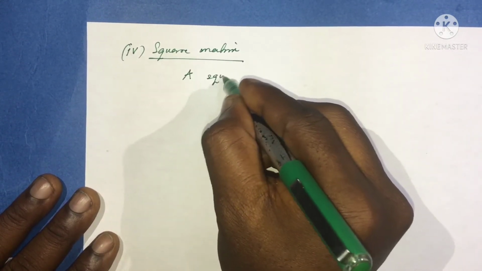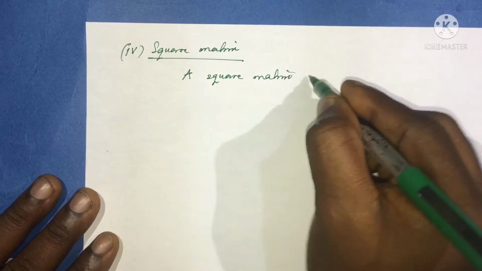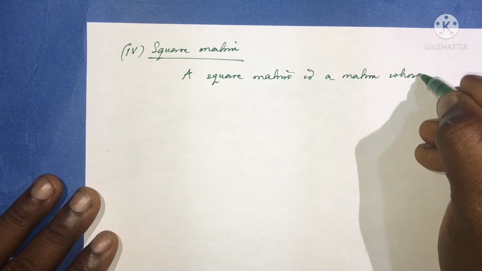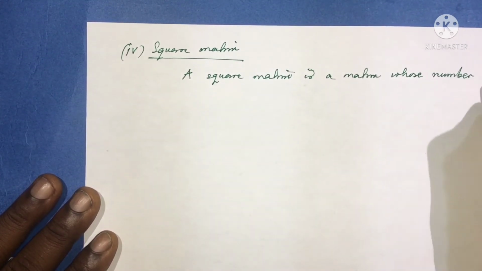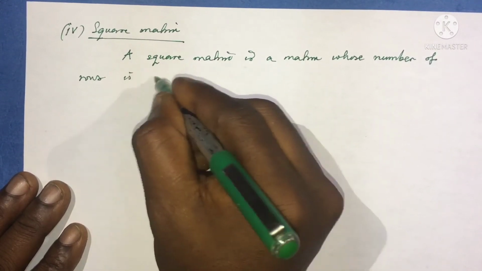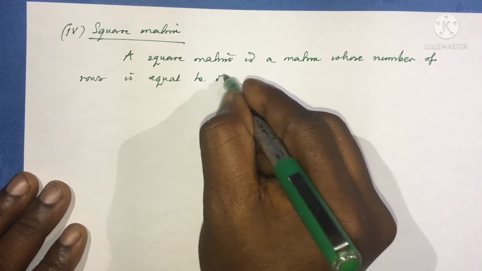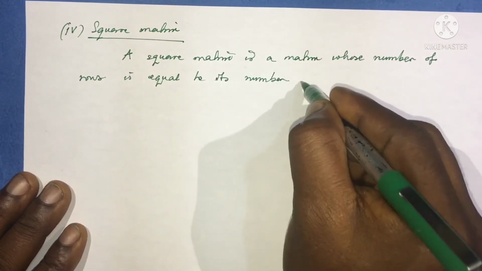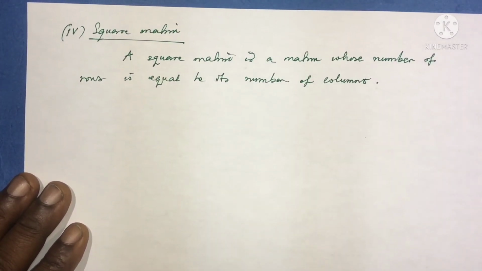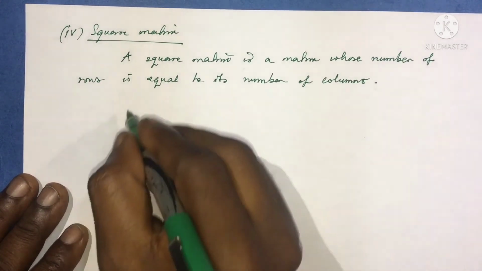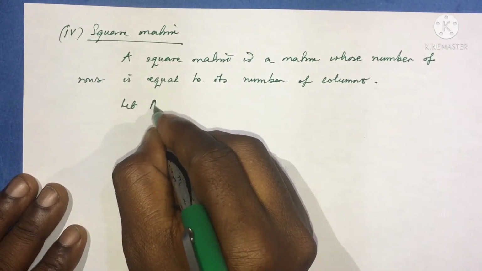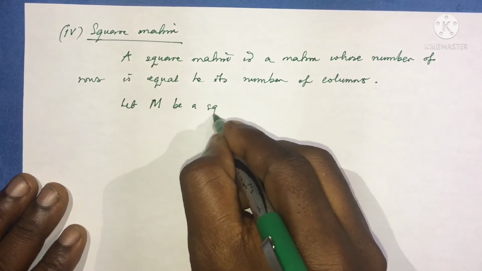I'm going to write here, a square matrix is a matrix whose number of rows is equal to its number of columns. So any matrix whose number of rows is equal to its number of columns is a square matrix. So let's put it this way. Let M be a square matrix.